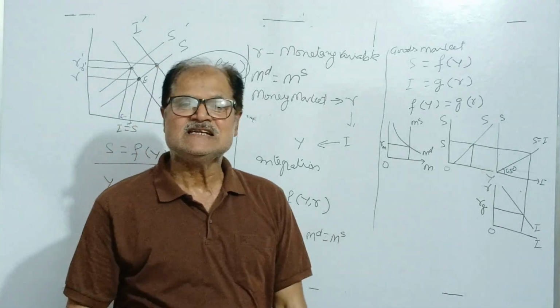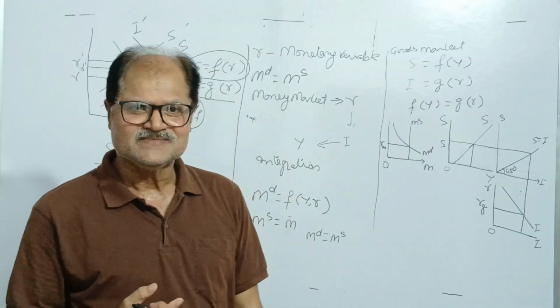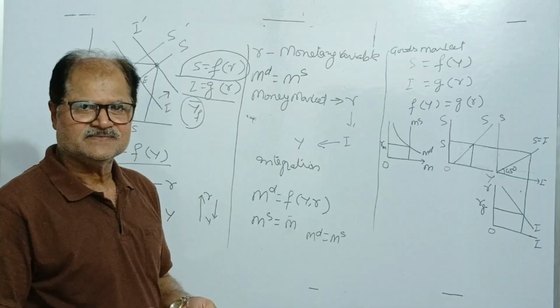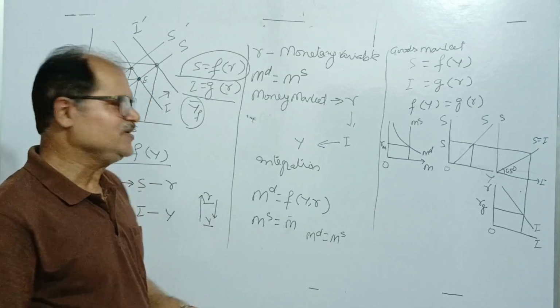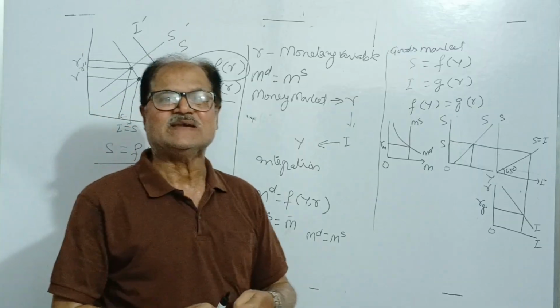So, if income is to be known, then rate of interest must be known. Here we have a kind of circular reasoning that rate of interest depends upon income and income depends upon rate of interest. So, this becomes indeterminate.